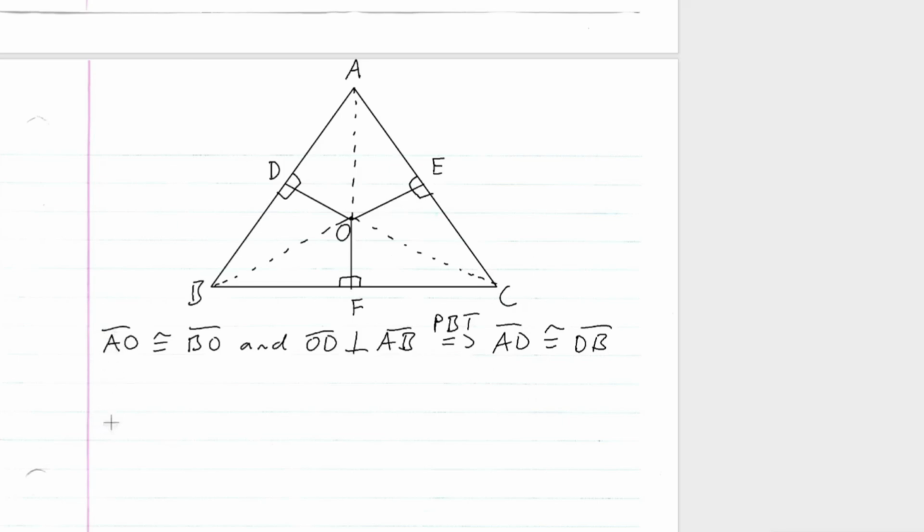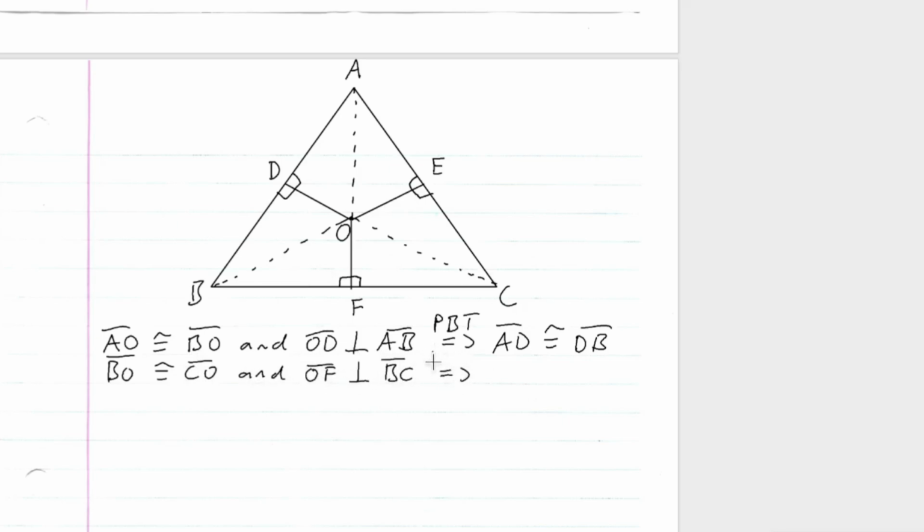Similarly, we have BO is congruent to CO, and OF is perpendicular to BC.